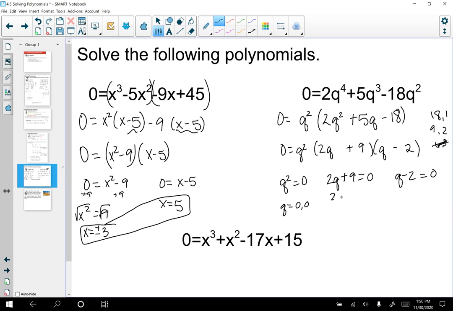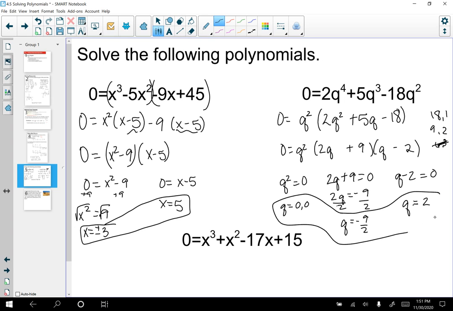Here I get 2q equals -9, then I divide by 2, q equals -9/2, and here I get q equals 2. So again, it's a 4th degree, and I have 4 answers, 1, 2, 3, 4. Perfect.